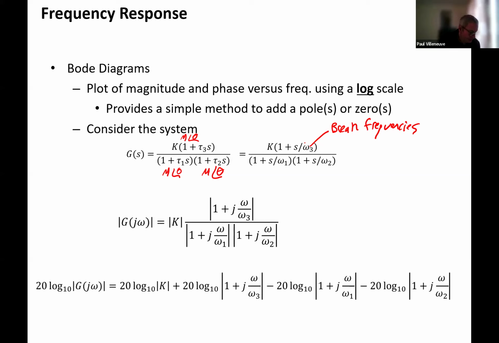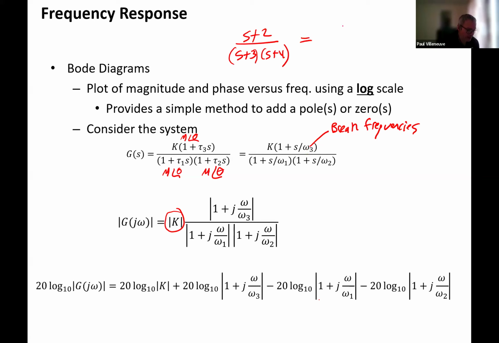So here are our values over here. So here is our 1 plus s over omega, and so on. You'll also notice that I have a value of K out over here. The reason why I have that value of K is, remember, I might have an equation s plus 2, s plus 3 times s plus 4. I want it to look like 1 plus s over something.